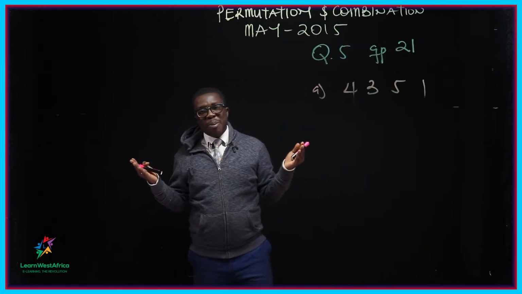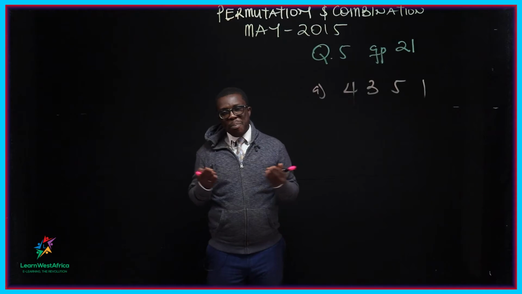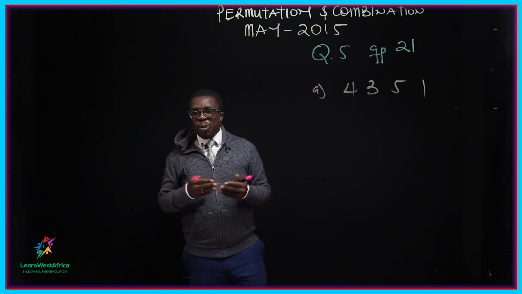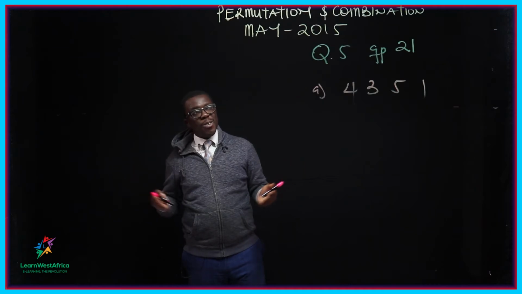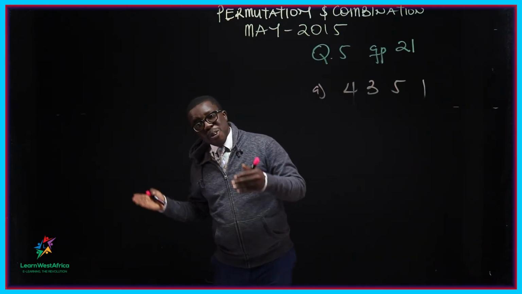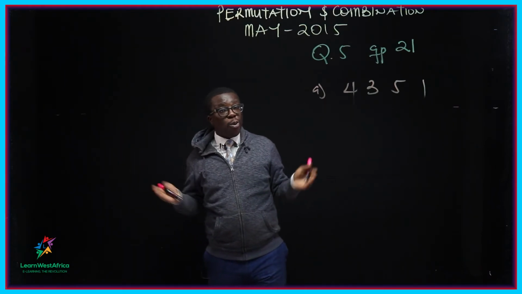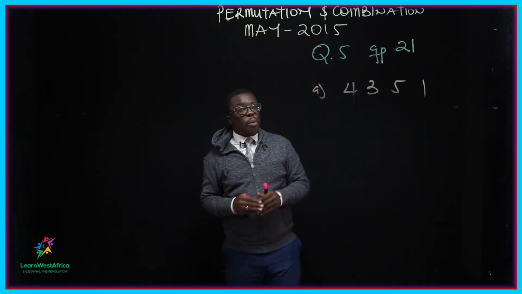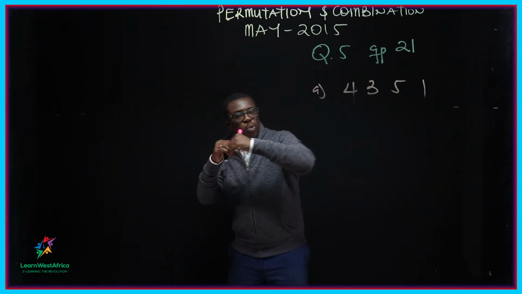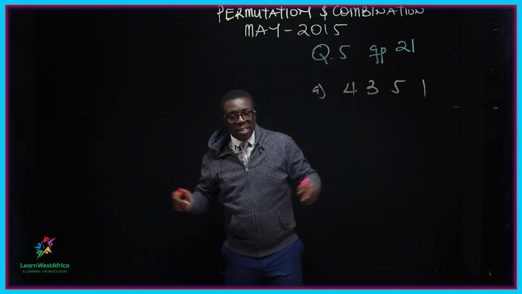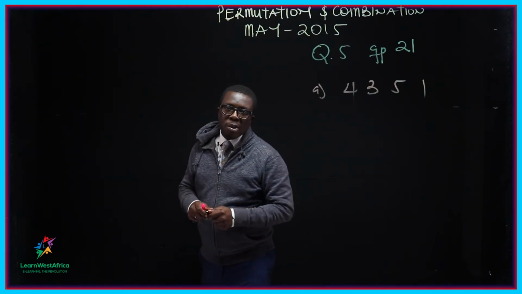Obviously, the lock will not open because it says that you can only use the number 4351. If you use 5431 or any other number, obviously the lock will not open. What we are saying is that when the order, how the number should stream, is of importance or determines the effect, we call that a permutation.